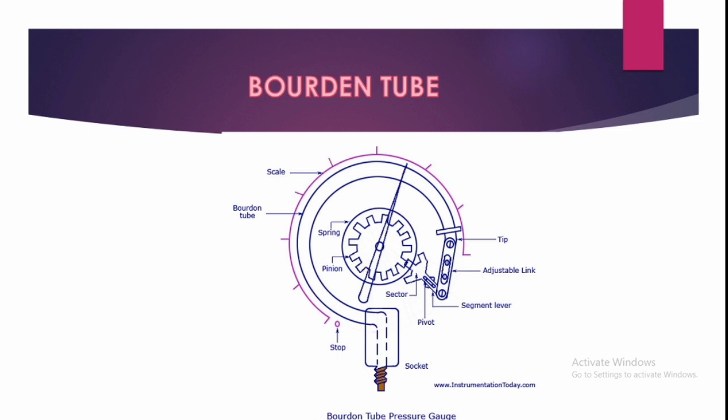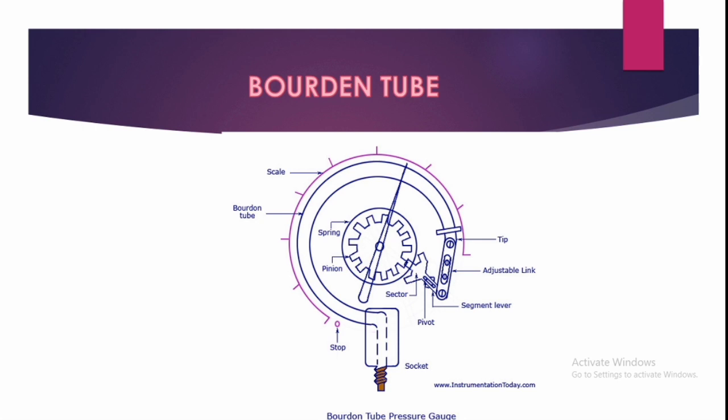Now its working. When we apply pressure to the Bourdon tube, the tube gets deformed. That is, it converts the applied force into equivalent displacement. Thus, the Bourdon tube acts as both primary sensing element and conversion element.